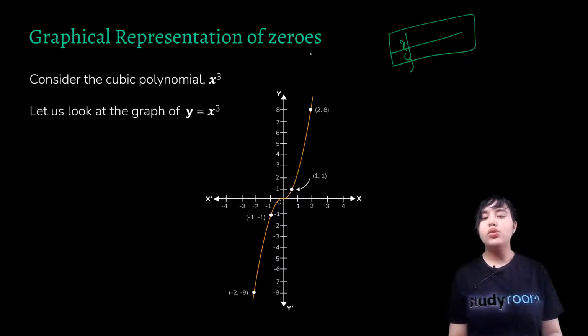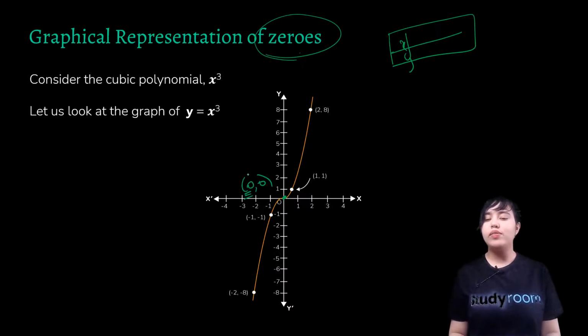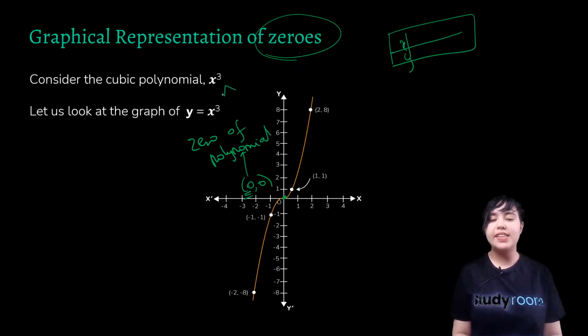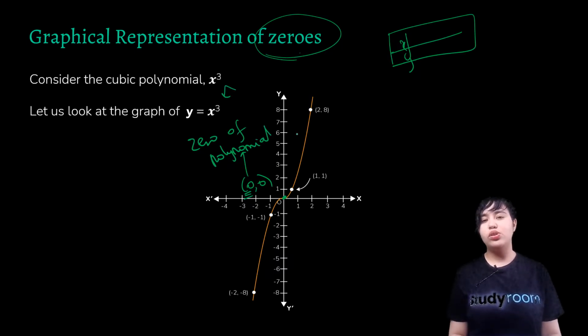Now what we need to look for is the zeros, which we get by looking at the points where the curve is meeting the x-axis. So here there is only one point, that is the origin, 0 comma 0. So we look at the x coordinate of this point, which is 0. So 0 is a zero of this polynomial. Which polynomial? The cubic polynomial whose exact equation is y equal to x cube.